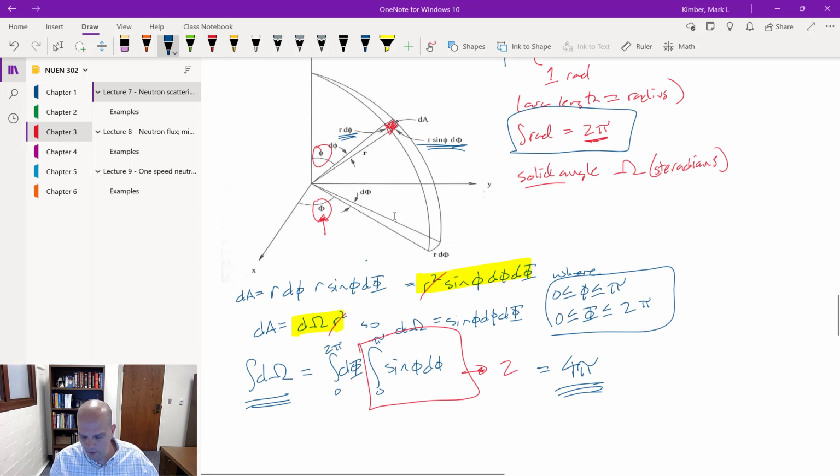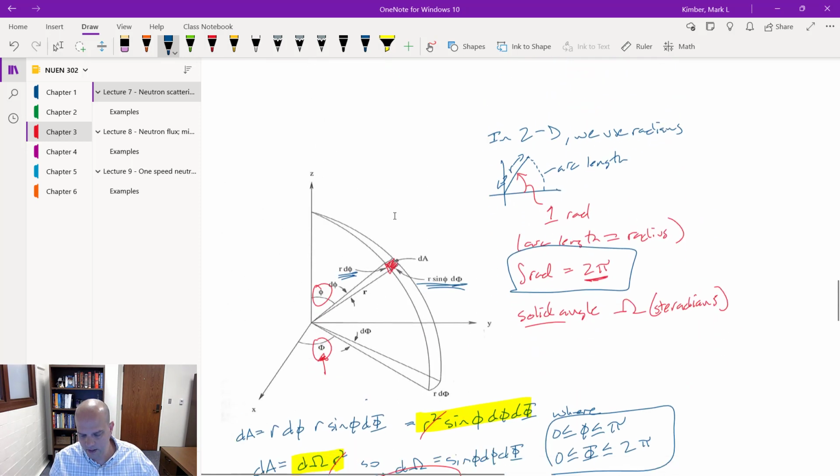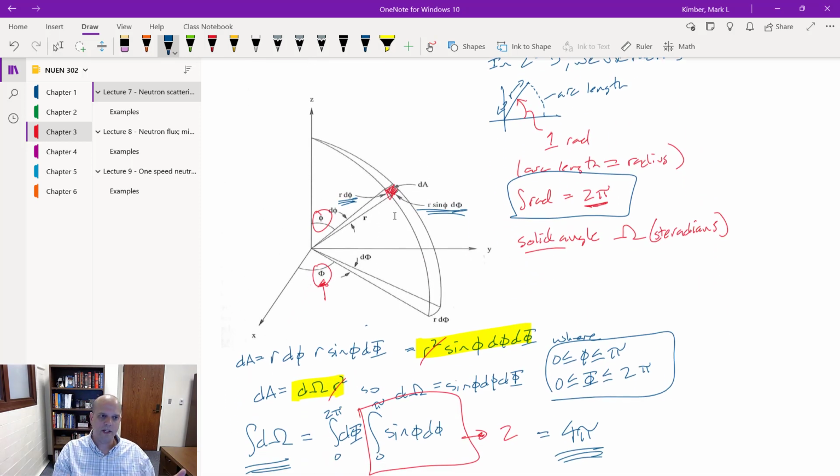So what we need to do is integrate over all this space. We need to understand what the tendency is for something to be scattered in this direction or that direction or some other direction. For a neutron scattering event, it is just as likely to be in this range of angles as in this range of angles, as in this range of angles.